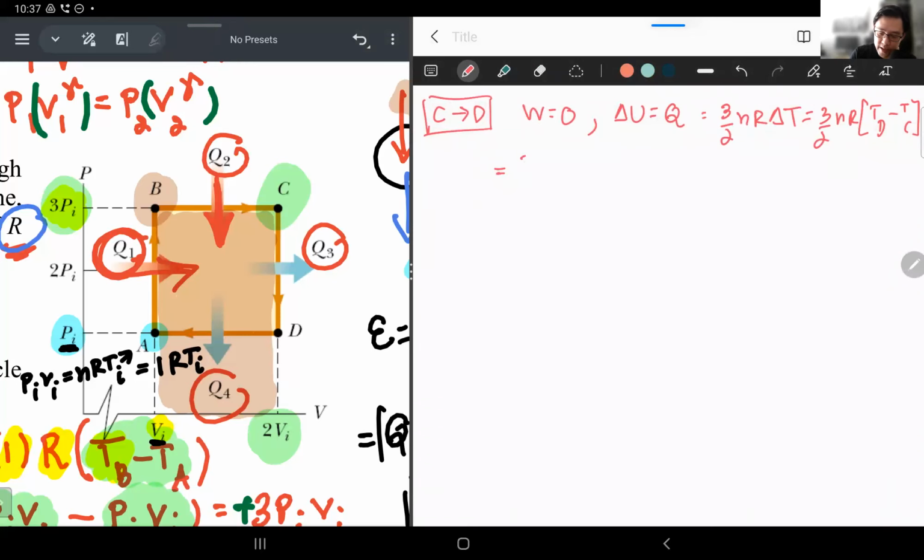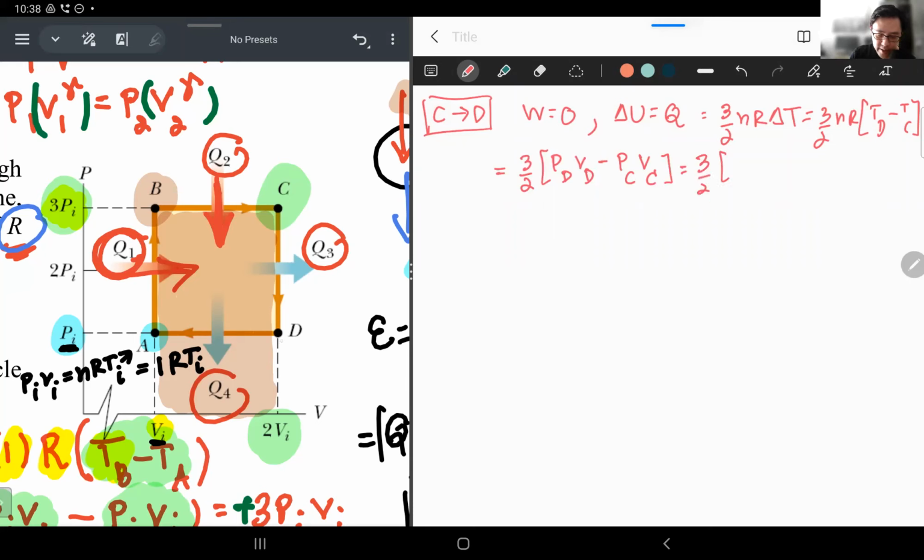So it's going to be 3/2 (P at D, V at D, subtract P at C, V at C). Very good.